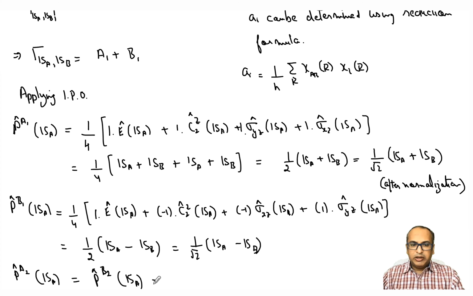If you do that, you will see that the answer you get here is actually 0, right? So that means any combination of SA and SB will not transform as A2 and B2. You cannot combine them in any form so that they will transform as A2 and B2, because A2 and B2 do not contribute to this reducible representation.